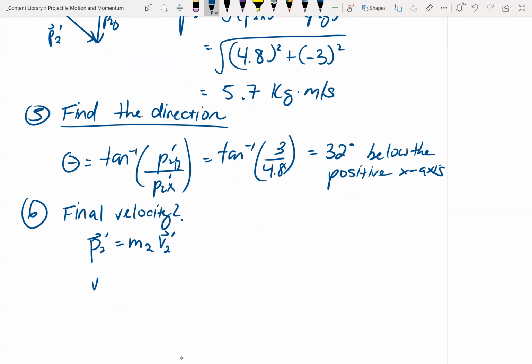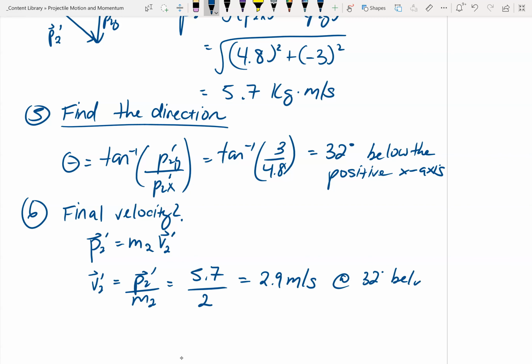Rearrange and solve for v2 prime. So p2 prime was 5.7, and the second mass was 2. Our final answer is 2.9 meters per second as our velocity, with a direction of 32 degrees below the positive x-axis.